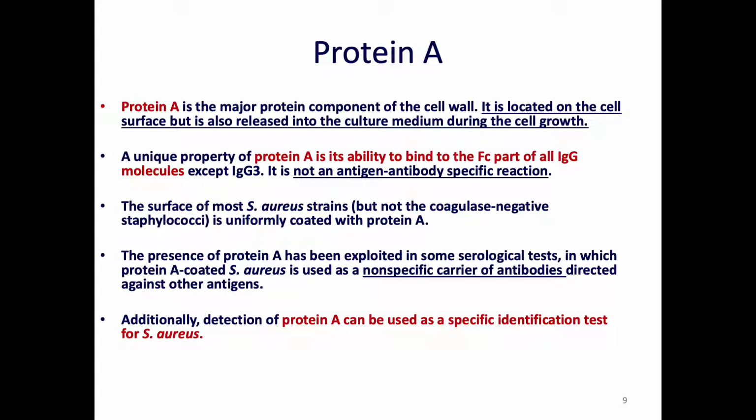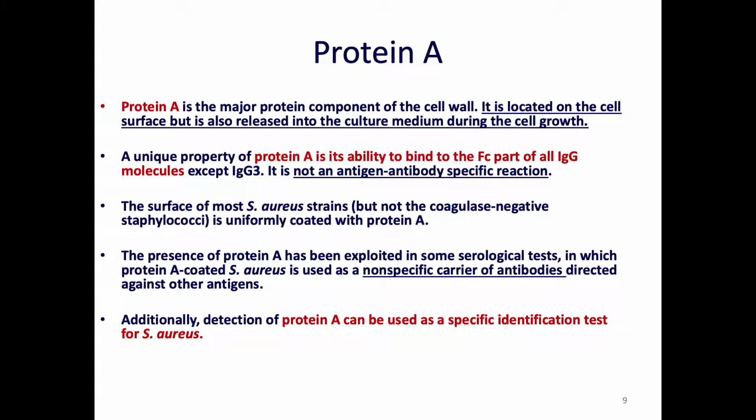Protein A is the major protein component of the cell wall. It is located on the cell surface, but it is also released into the culture medium during cell growth. Protein A has a unique property because it has the ability to bind to the Fc part of all immunoglobulin molecules except immunoglobulin G3.